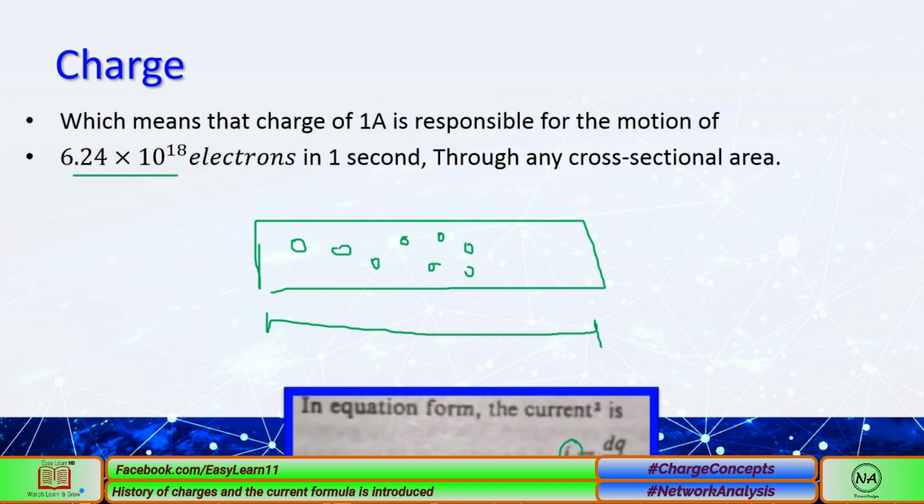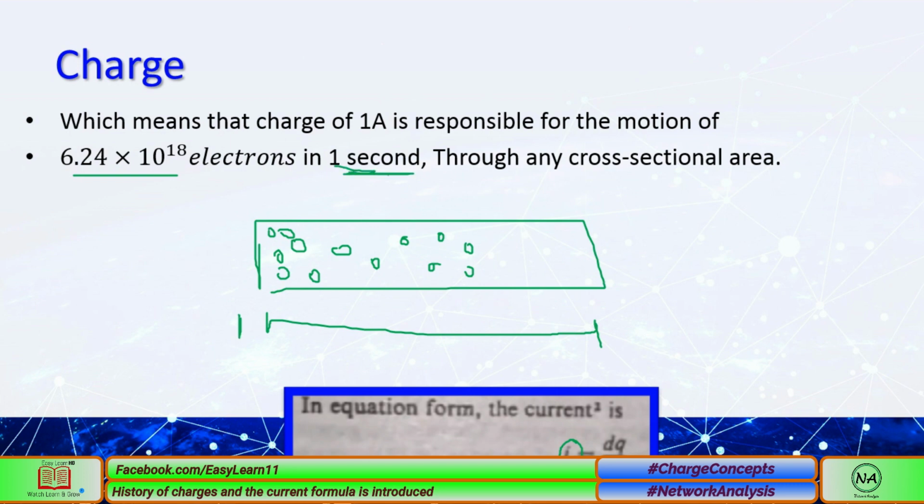Not just 1, 2, 3, 4, 5 up to 10 electrons, but imagine 6.24 into 10 raised to power 18 electrons passing in 1 second.